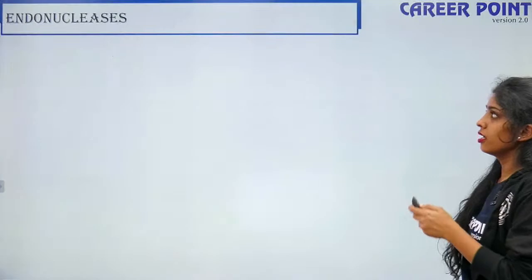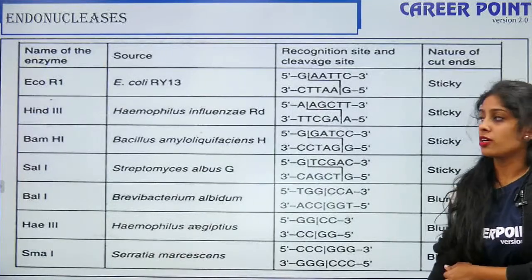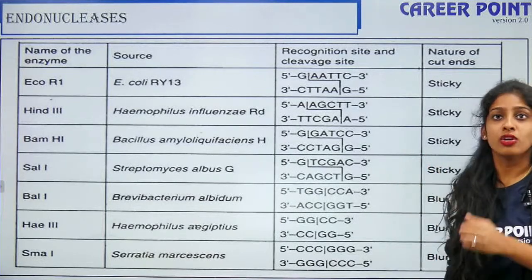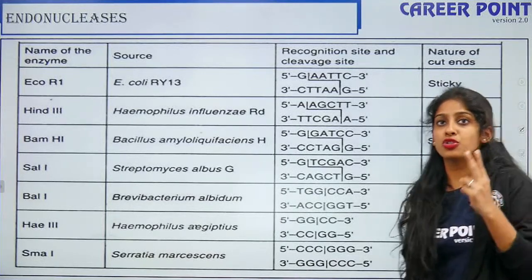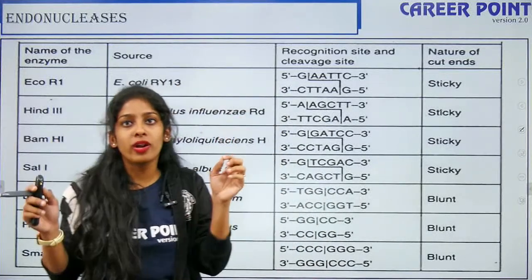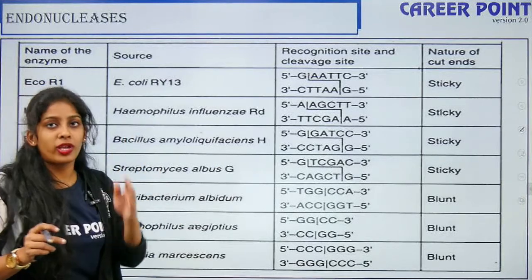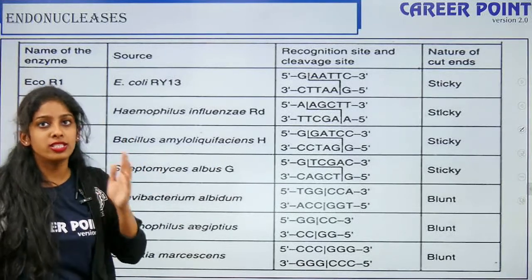Alright, then going forward, these are examples of some of your endonucleases. Endonucleases can produce two types of ends. One is sticky ends. When it produces overhanging ends, it is called sticky ends, but when it cuts right in the middle, it is called blunt end.